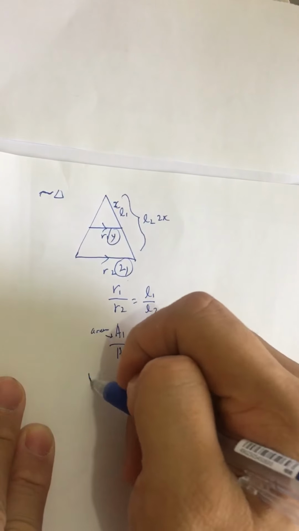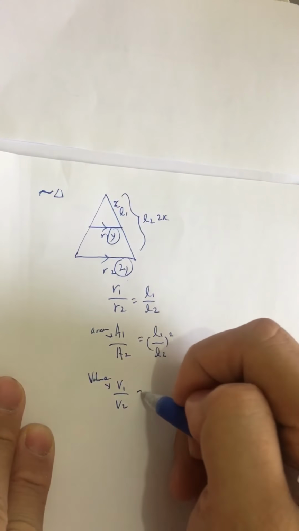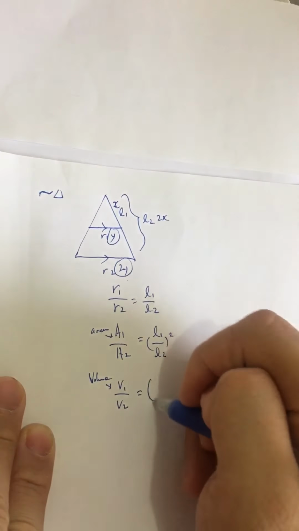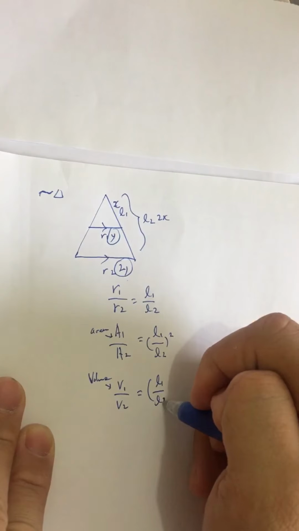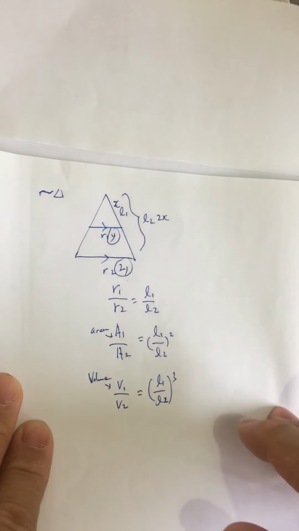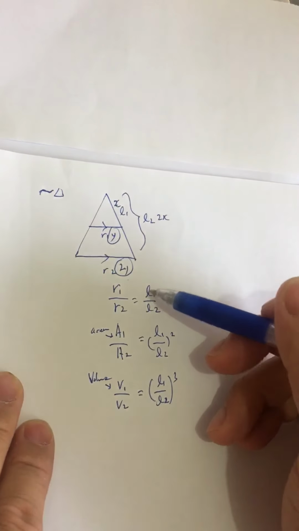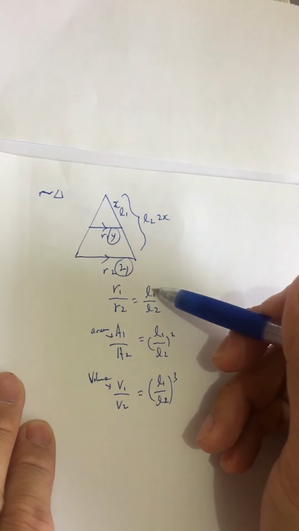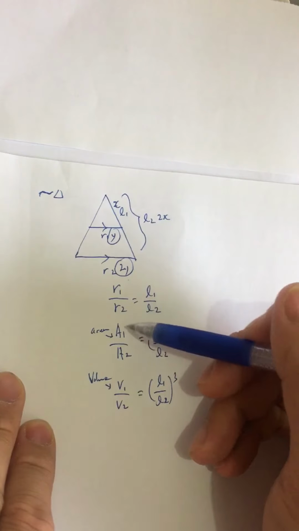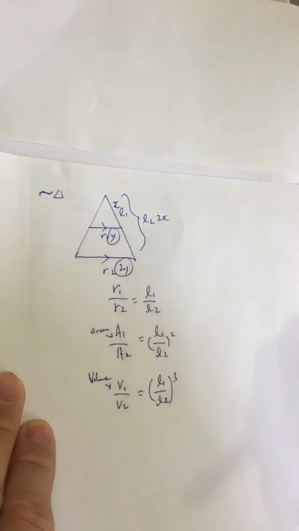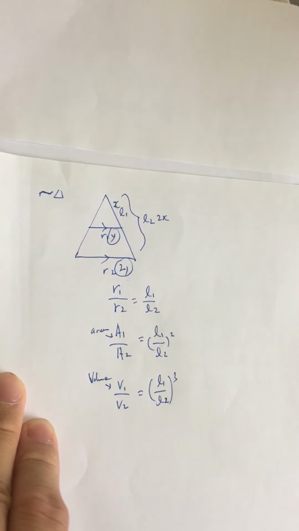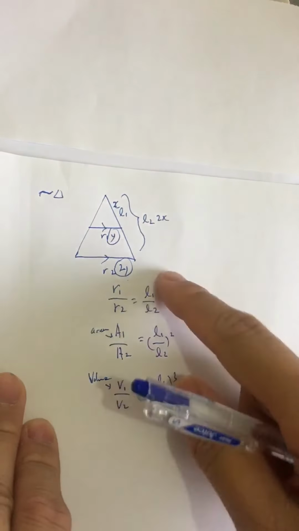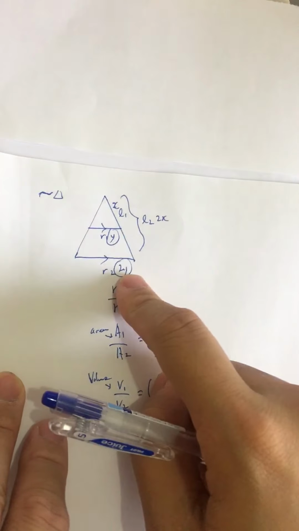So the volume ratio will be equal to any line ratio cubed. So when we talk about one of the lines doubling, then actually times 2, that means the area would be 2 squared, that means 4 times. So these are the formulas that we always use in the similar triangle.